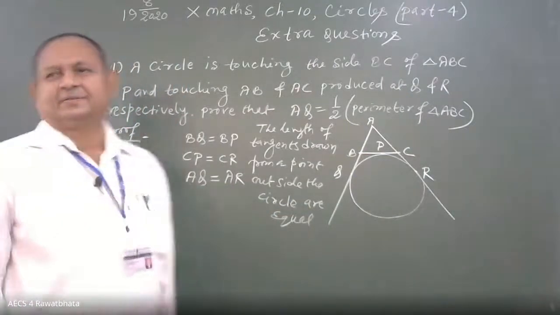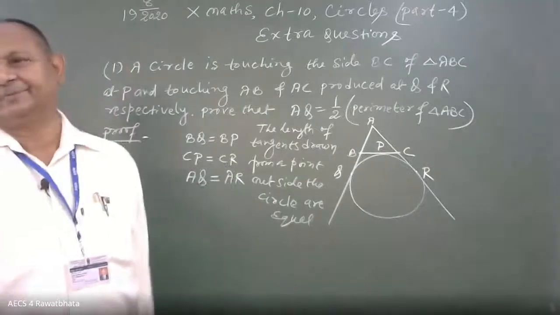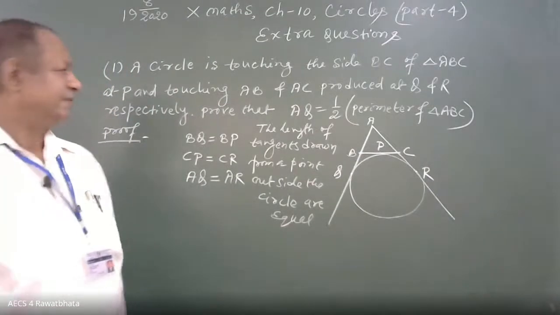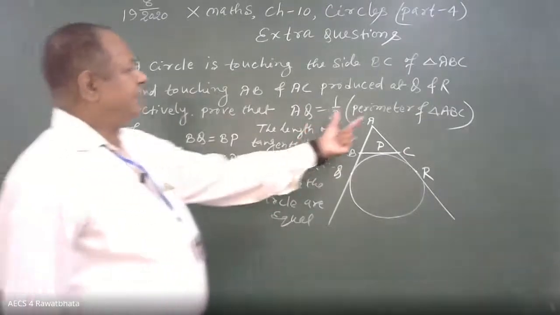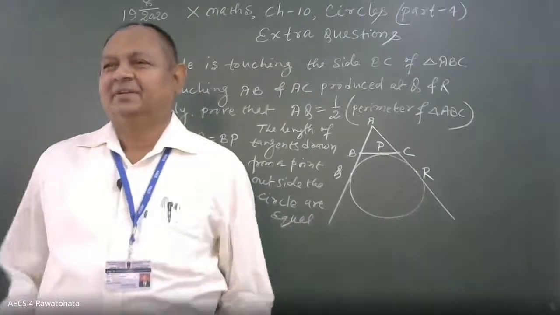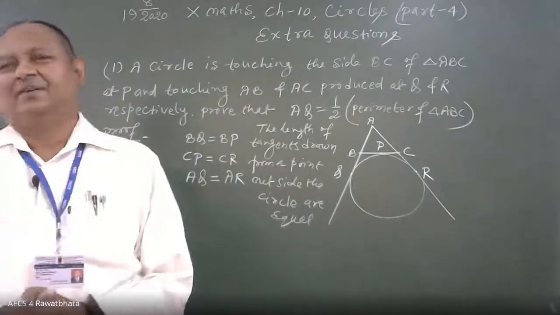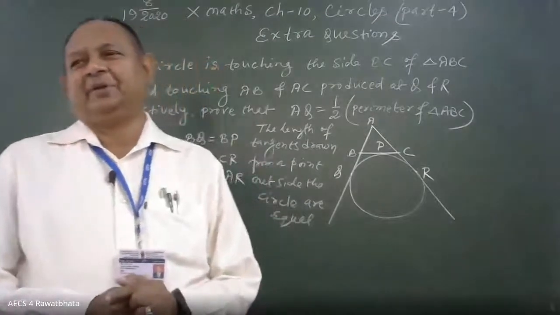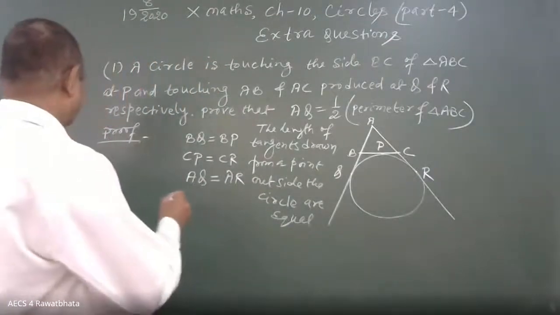This is the reason behind it. That is theorem 10.2. Now, what is the perimeter of triangle ABC? The sum of three sides of a triangle is the perimeter of triangle ABC.